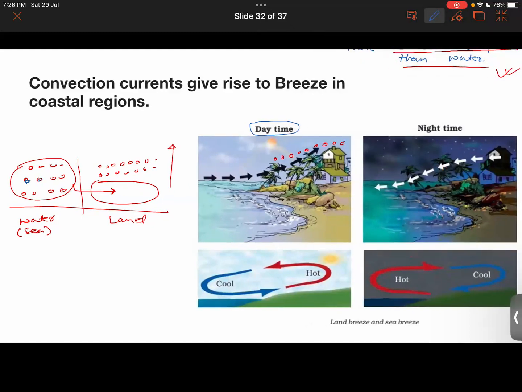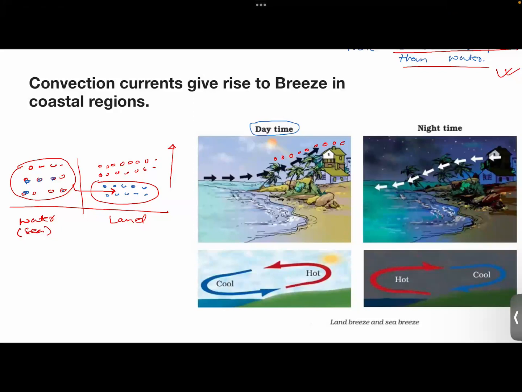So these molecules will occupy this empty space. That's why there is movement of wind from the seaside to the land side, and that is called, sorry, the sea breeze, not land breeze. Got this now?